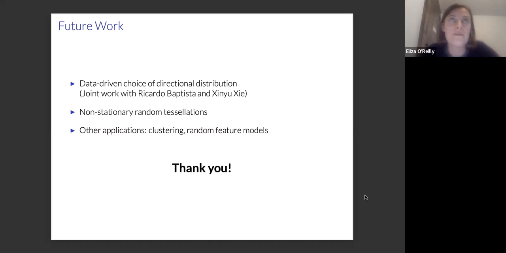So I think there's still a lot more that existing theory can say. But the main direction I'm interested in, and I think would help understand more complex machine learning models that use random partitioning schemes, is to further develop the theory of non-stationary random tessellations.